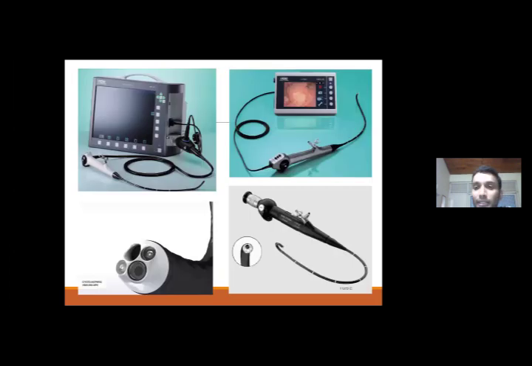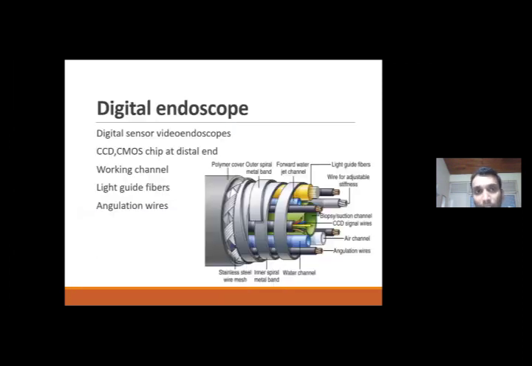The standard fiber optic endoscope needs the camera cable as well as the light source separately. But the digital one carries the camera as well as the light source through a single cable. The digital endoscopes have the charge coupled device and CMOS chip at the distal end, and the working channel, the light guide fibers and the angulation wire.